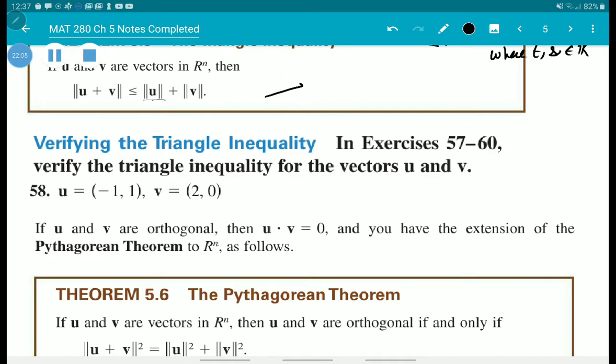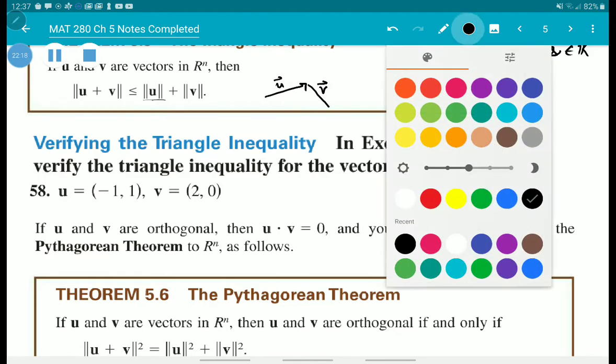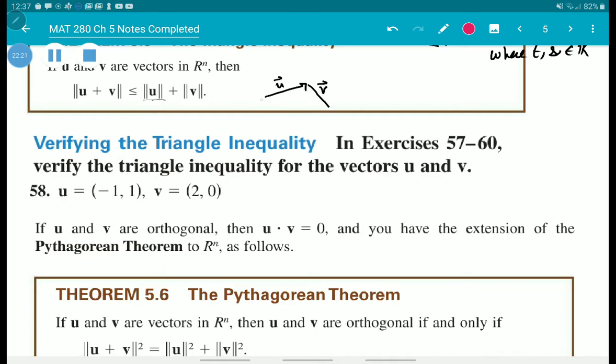If I have vector u and I add vector v, we find the magnitude of u, and that's just how long this side is. If we find the magnitude of v, that's how long this side is. Well, if I find the sum of u plus v, adding tip to tail, I start at u, I end at v. There's my u plus v vector. So what this says is that this vector has to be shorter than or equal to, usually going to be shorter than though, the sum of this side plus this side. That's what the triangle inequality is saying.